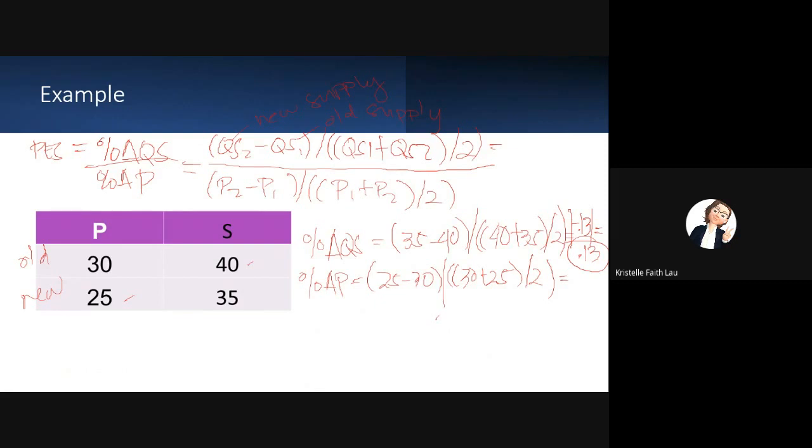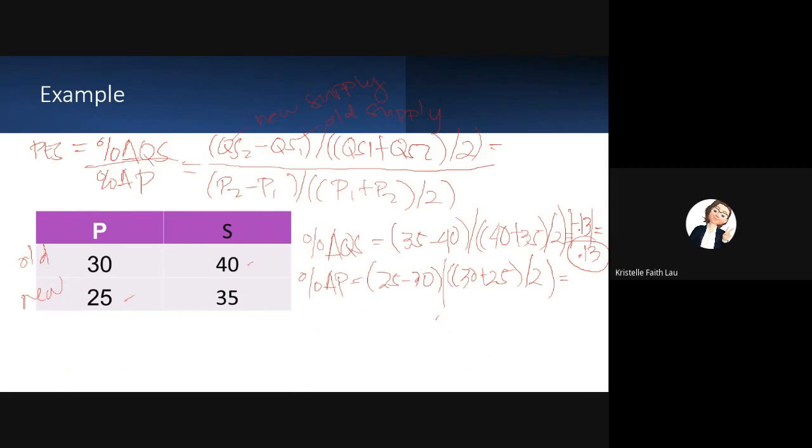Kapag nakalimutan yung mag-input doon ng isa pang close parenthesis, magkakaroon talaga ng error yung mga scientific calculator. So, watch out tayo sa mga pag type natin sa ating calculator. 25 close parenthesis divided sa 2.